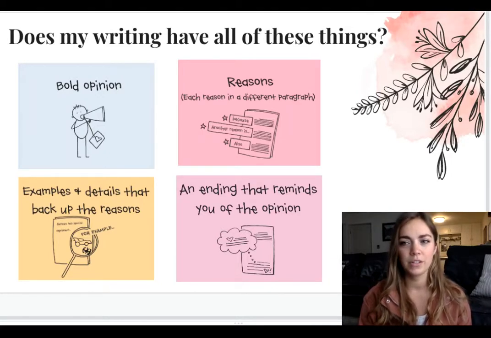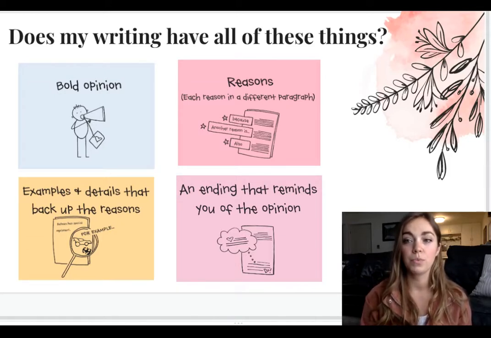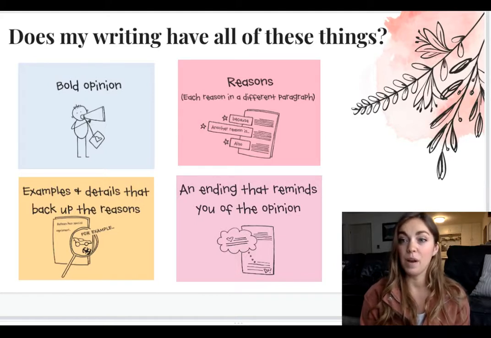You'll notice in your learning packet that there is a writing paper and there are directions. You have a choice today. You can write a piece similar to Charlie's, in which you write a strong opinion about which dragon you think would make the best pet. If you want to challenge yourself and write about something different, not dragons today, you could choose to write a strong opinion about something different.